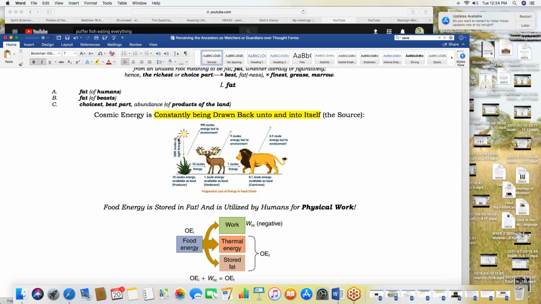That if it comes down in 1,000 units, only 1% is ever consumed. Be it a plant, be it a herbivore that eats the plant, or be it a carnivore that eats the herbivore, or be it a human that eats all these things.